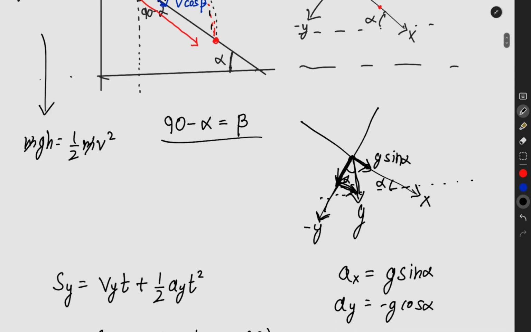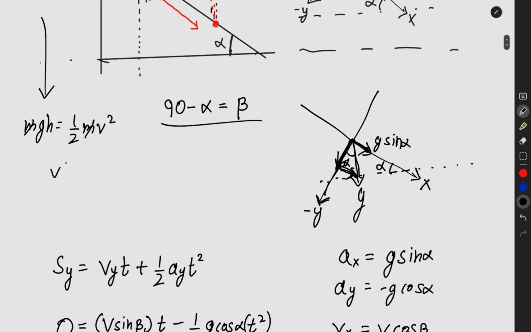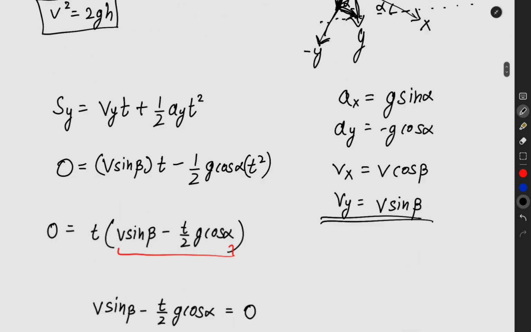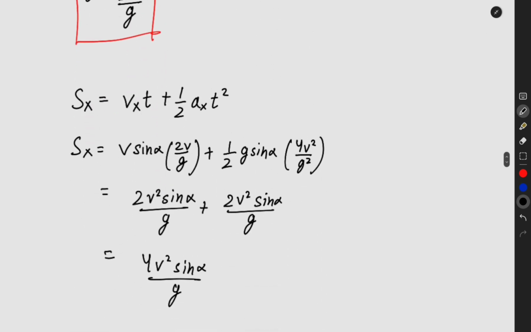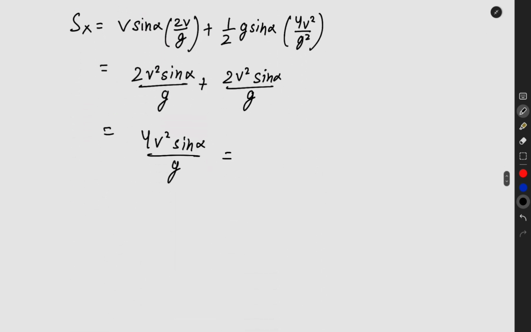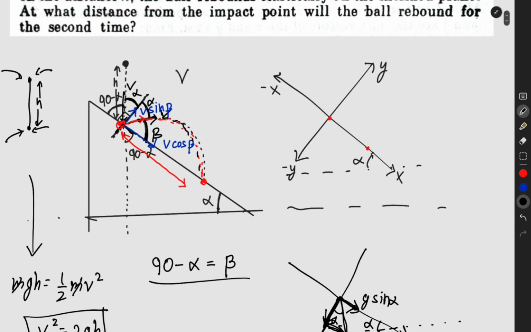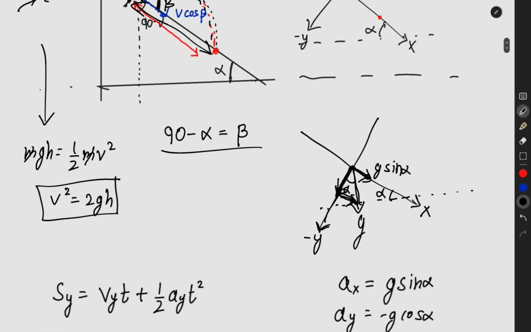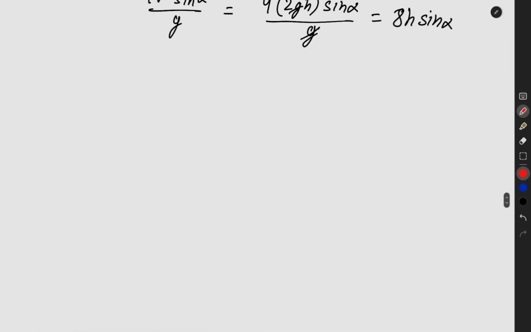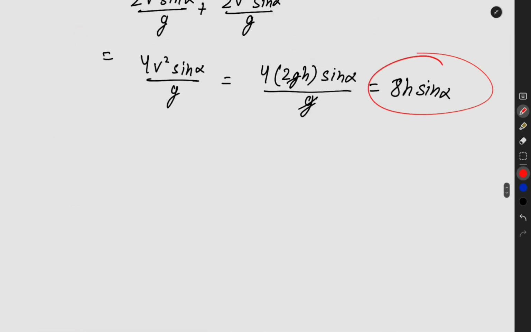Cancel out the m's. We don't even know the value of mass of the ball, but we just calculated that v squared should be equal to 2gh. And substituting v squared is equal to 2gh in this equation gives us 4 times 2gh times sine of alpha divided by g. Canceling everything, we get 8h sine alpha as the distance. And this is actually the correct answer.